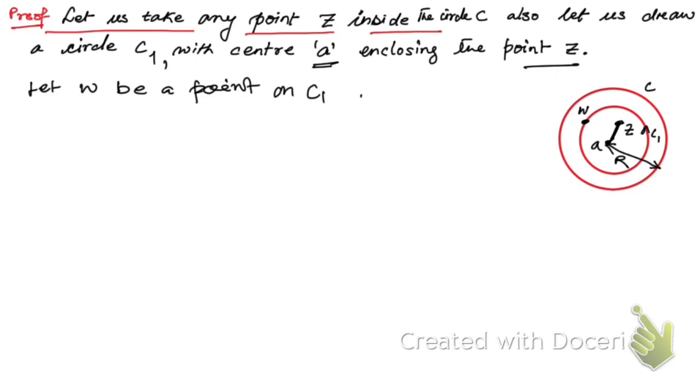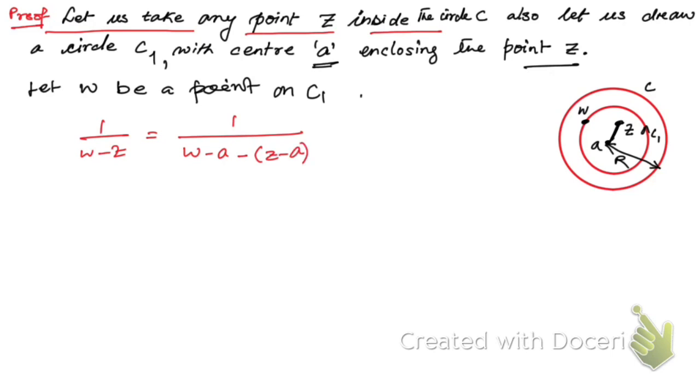Then here you see, let us take 1 by w minus z. It can be written as 1 by w minus a minus z minus a. If you cancel minus a plus a, then again you get this. It can be simplified: if you take the minus common from the second two terms, it can be written as minus z minus a.